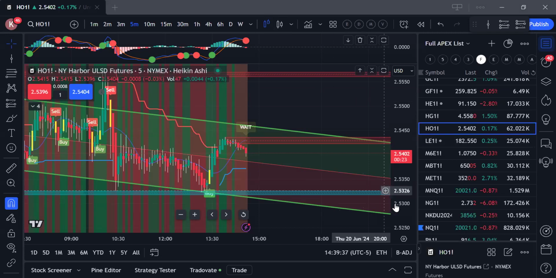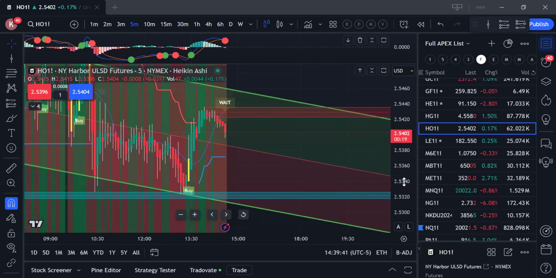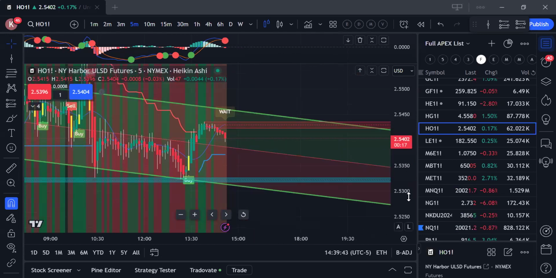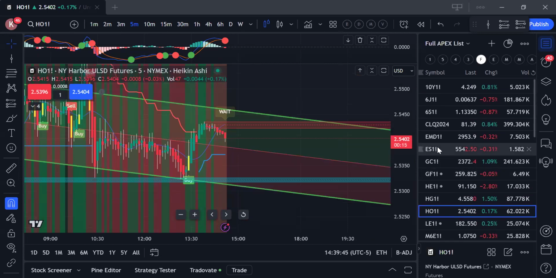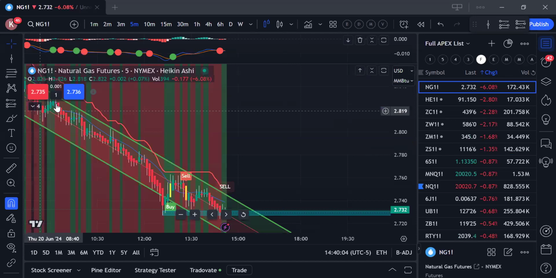If you want to stay with the trend, you don't want to take the opposite side trades, this indicator will help you to be on the right side of the trend. Right? If GC or copper or silver, all these are very, very bullish today, it won't allow you to take, or it will always say wait whenever you try to take a shot. The same way with natural gas: whenever there was a sell signal, it will say okay, sell.